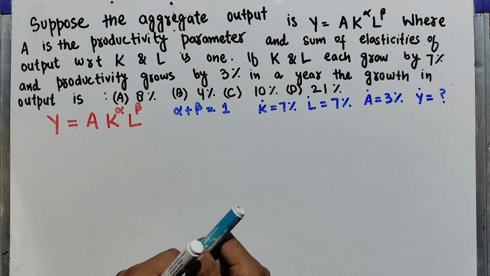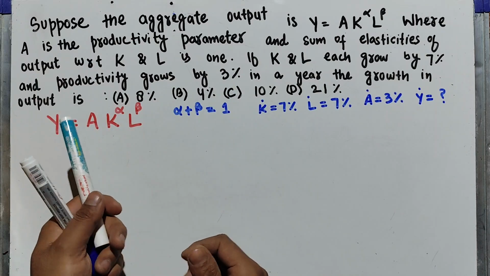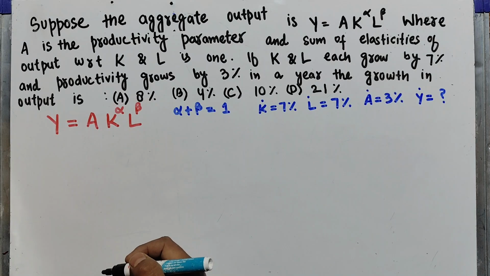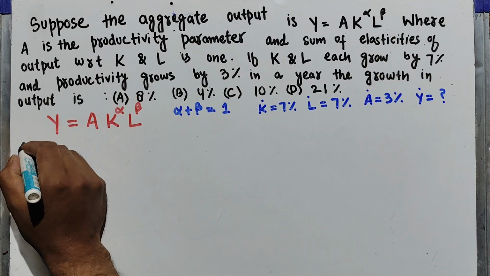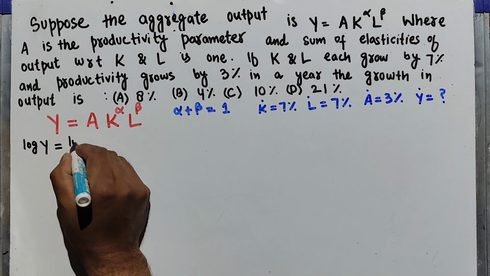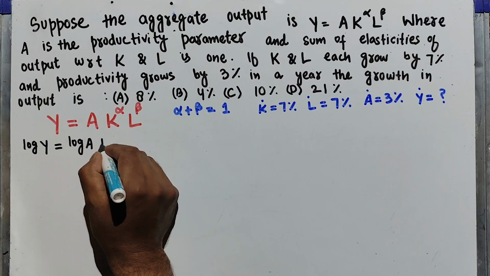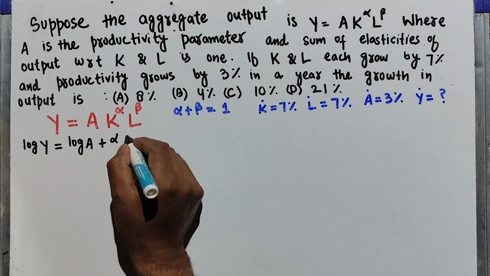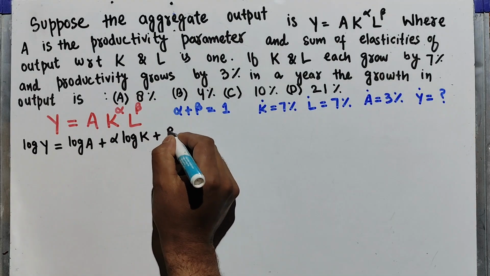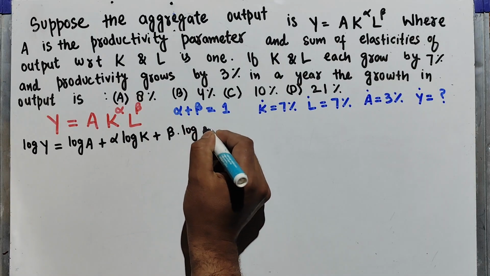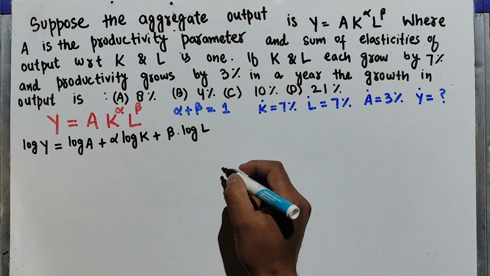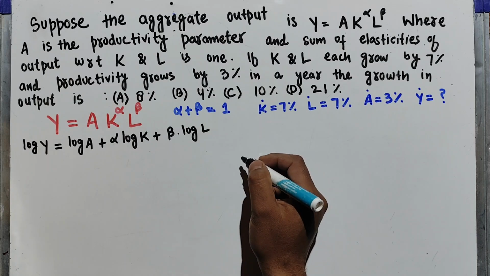So how do we solve this? First, we change the given production function into logarithmic form, by taking log on both sides. So can I write log Y is equal to log A plus alpha times log K plus beta times log L, using the law of logarithms.